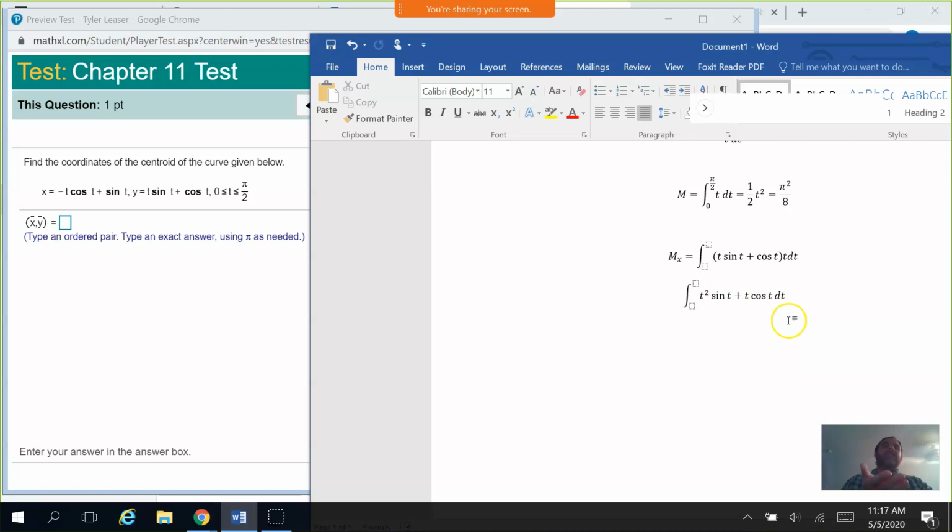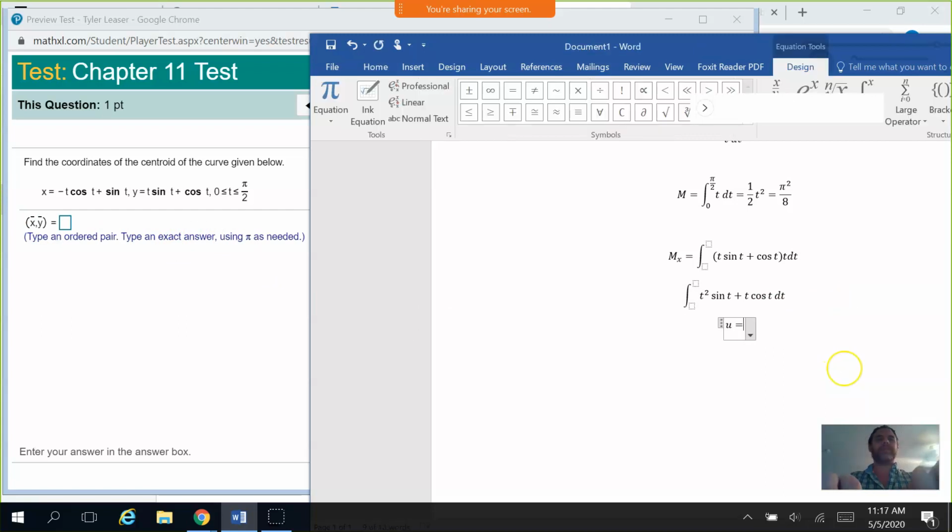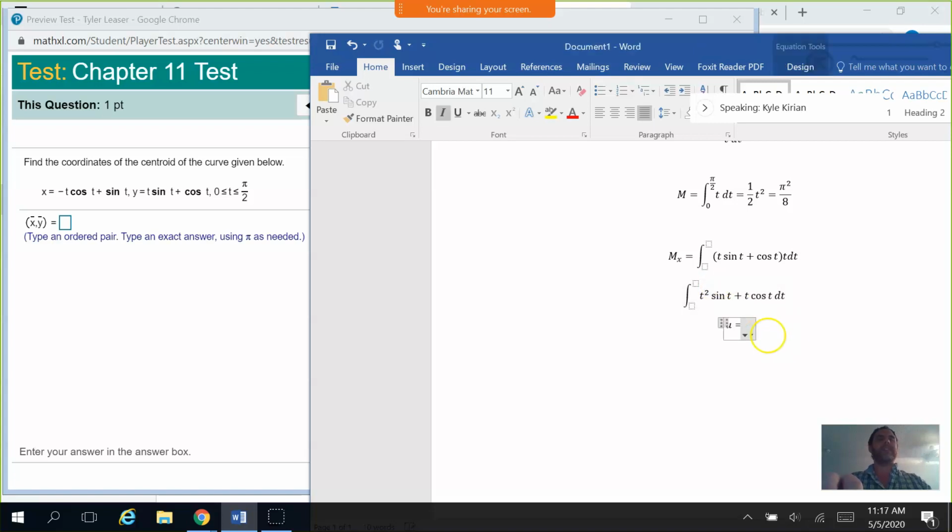Another thing that you could do, if you really want to get clever, is plug this into the calculator and integrate from 0 to pi over 2 to get the value that way. I think the only problem with that is that you only ever get the decimal answer and not the exact answer, which is what they ask you to plug into the question. Okay, so integration by parts, right? Let's do these separately.